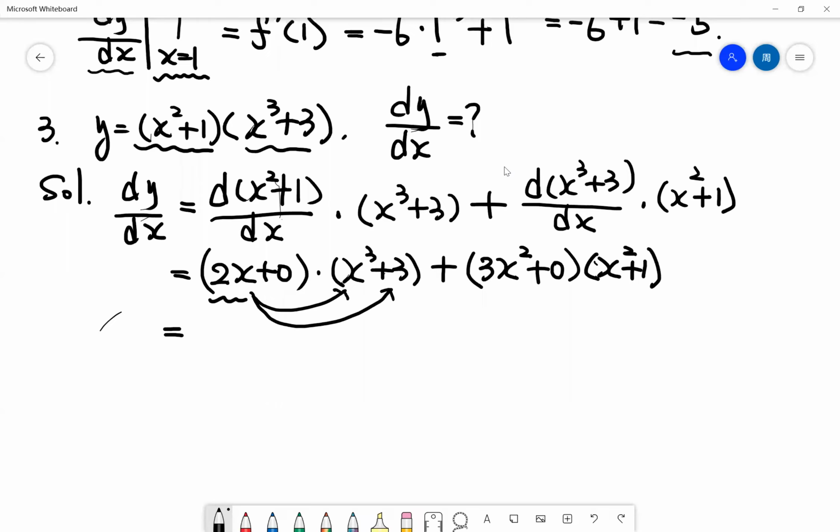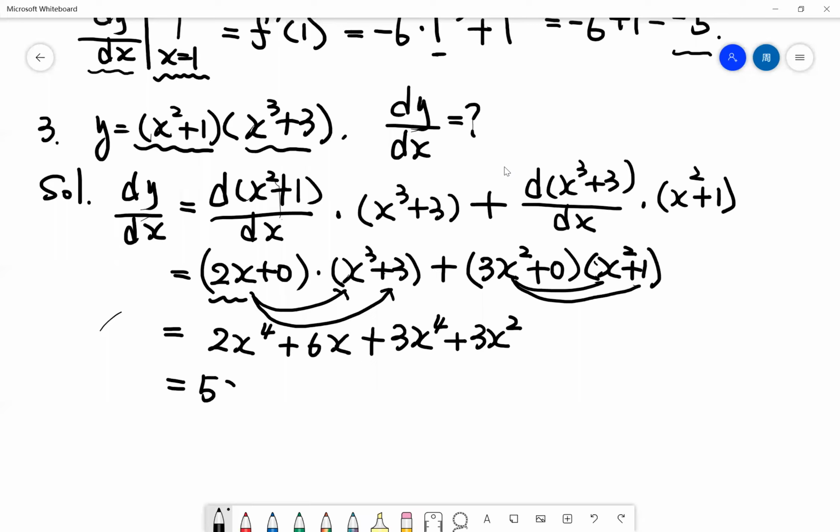So that equals 2x power 4 plus 6x, and plus here, that also part by part, equals 3x power 4 plus 3x power 2. So we can find the final result, that is 5x power 4 plus 3x power 2 plus 6x. So here is the first way to solve this question.